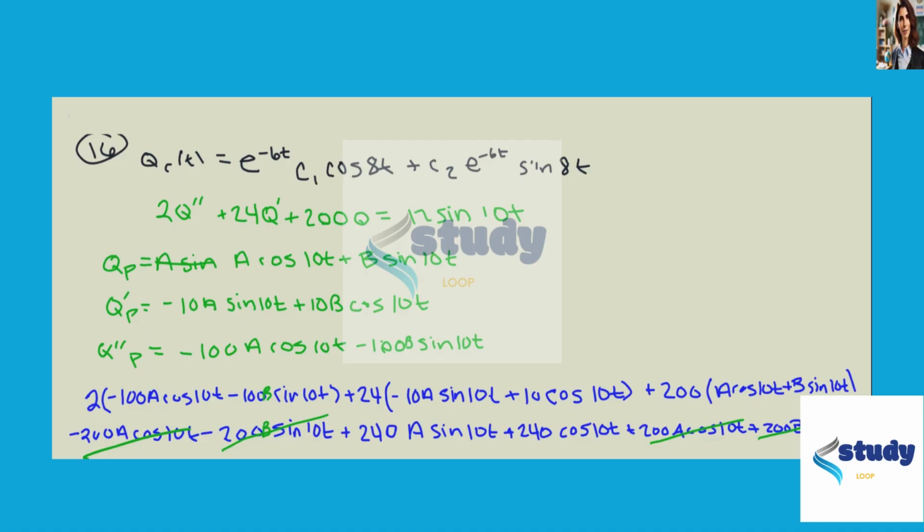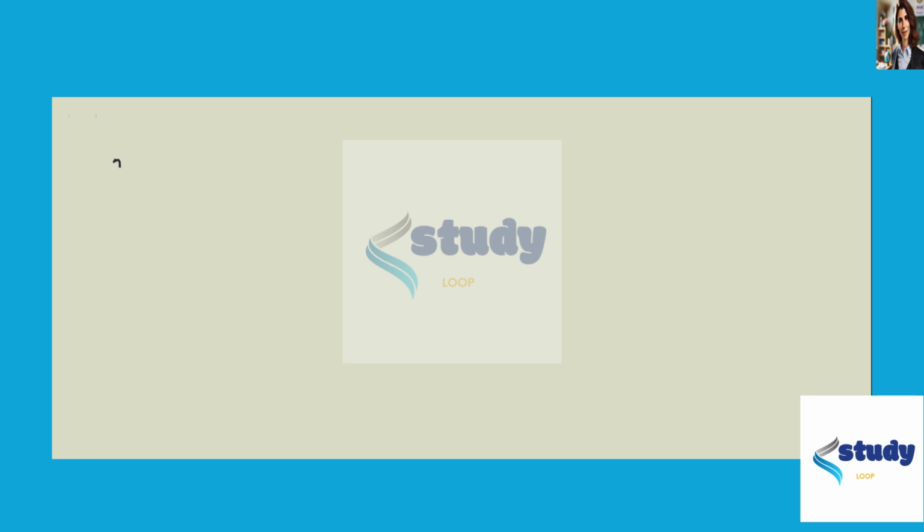So I'm left with 240A sine of 10t plus 240B cosine 10t equals 12 sine 10t.